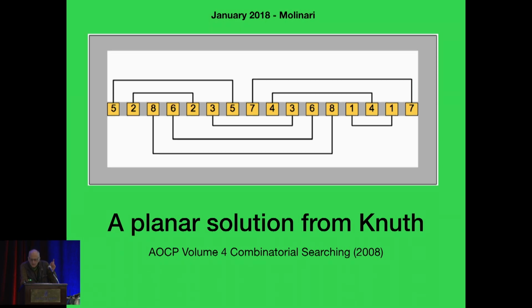Lines are connected to the white areas above and below. Lines are confined to those white areas. In 2007, Knuth counted these up to 28. In 2018, Rory Molinari confirmed Knuth's results and solved for 31 and 32 pairs.